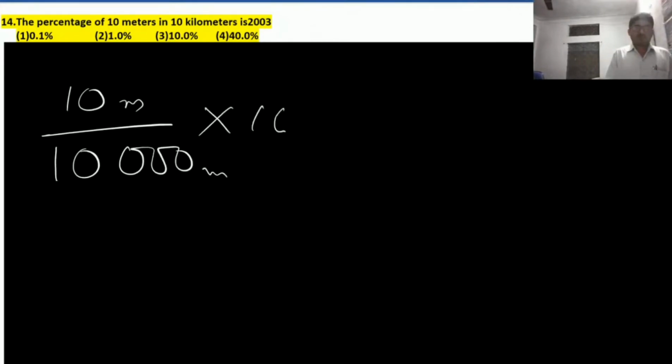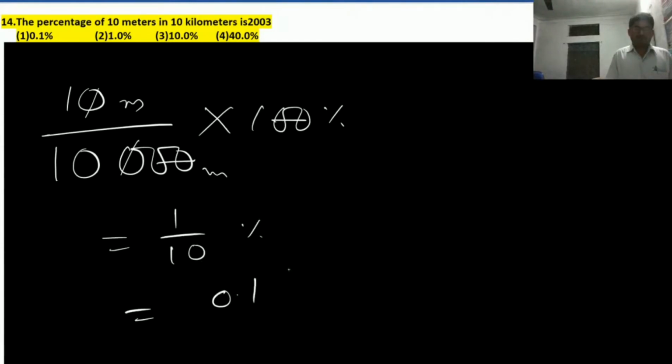We have to convert this into a percentage. 2 zeros, 2 zeros cancel, so 1 by 10. 1 by 10 percent means 0.1 percentage. 0.1%, so option 1.